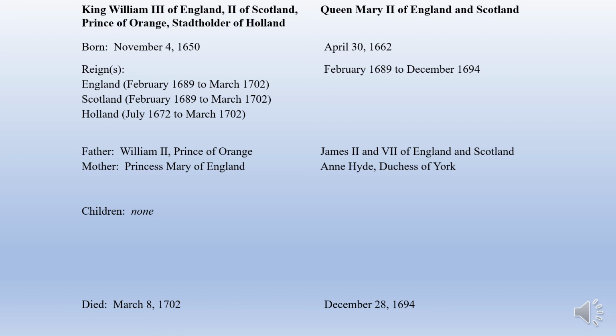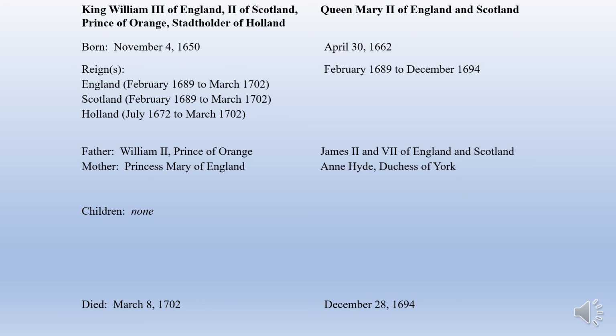When you look at how this works, both of them, like I said, they're cousins. William the Third was the son of William II, Prince of Orange, and Princess Mary of England, and Mary II was the daughter of Princess Mary of England's brother, James II, 7th of England and Scotland, and Anne Hyde, the Duchess of York, who, as I said, died before he became king.